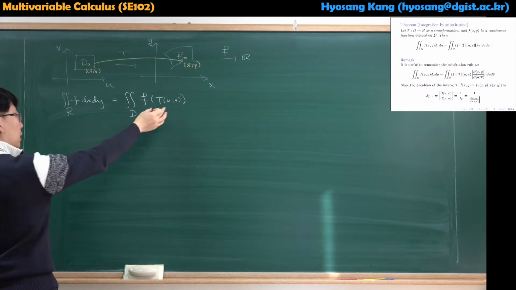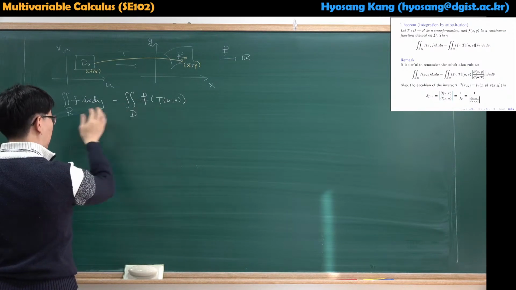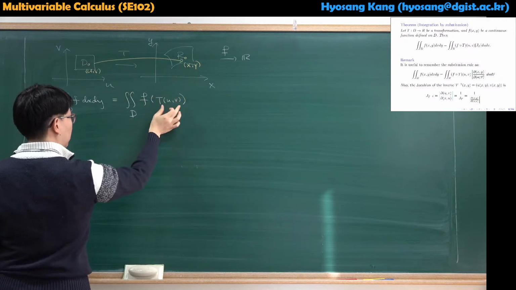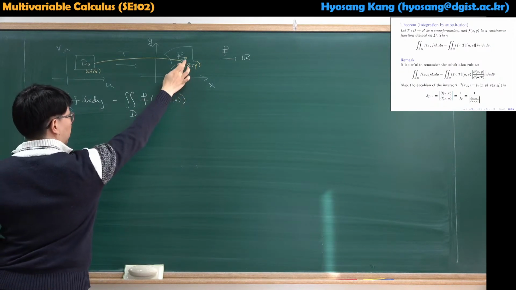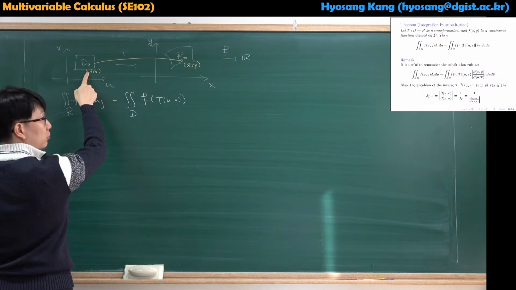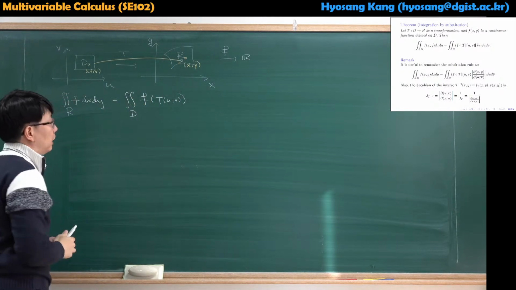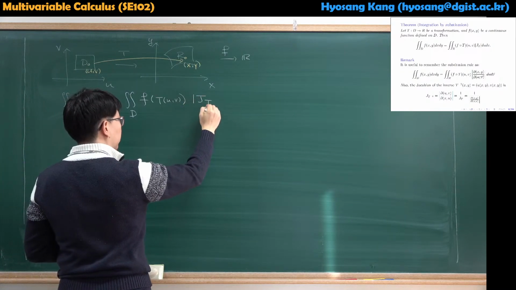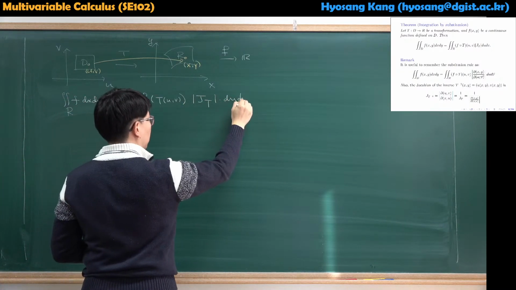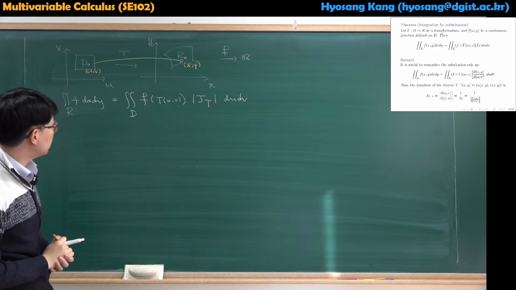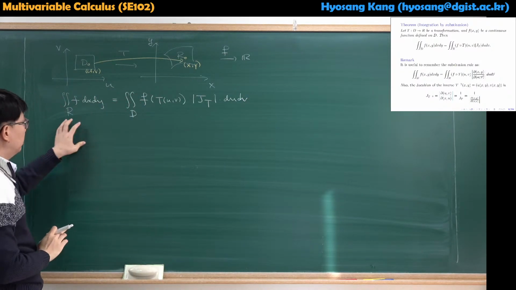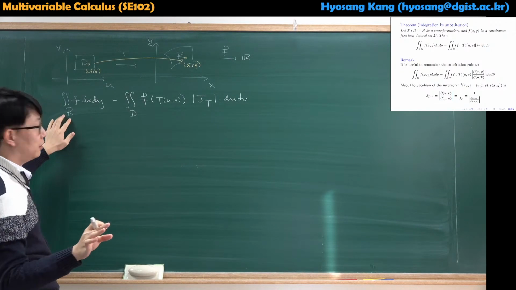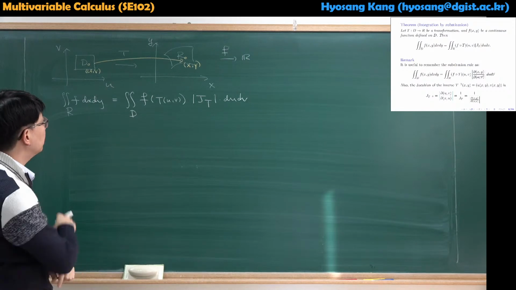You multiply by the same value of the function at the same point. So instead of taking xy as the identification of this point, I'm taking uv in order to identify the same point. But this term is not obvious. But anyway, this is the formula. So in the slide, there's a big mistake here. So this is R and this is D. I'm going to fix it.